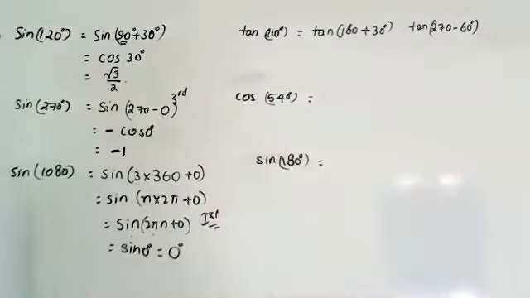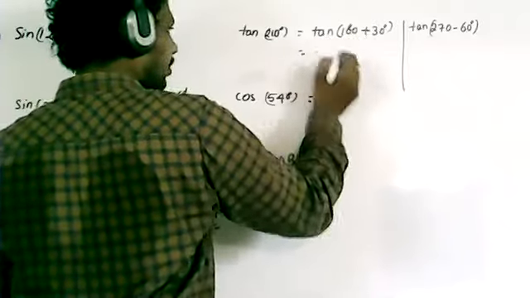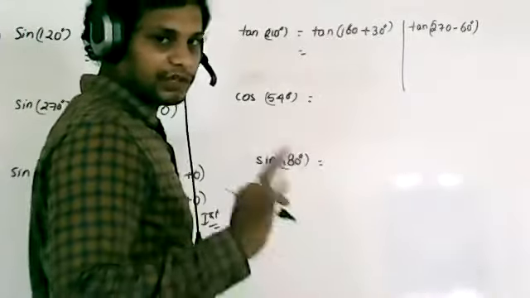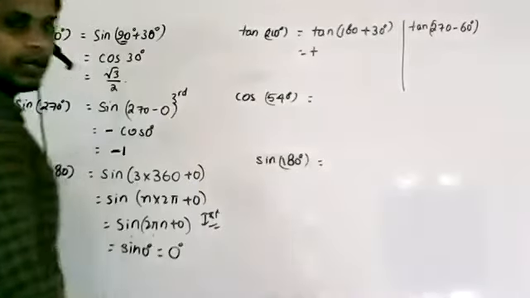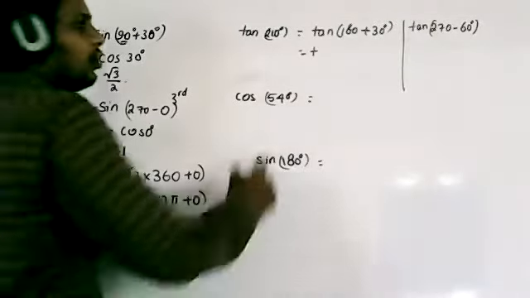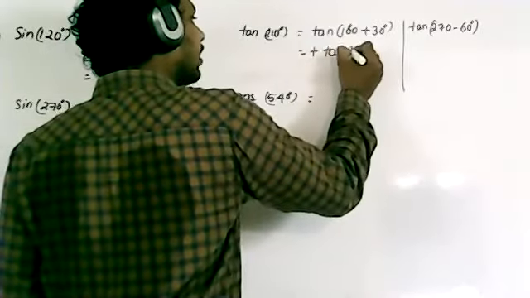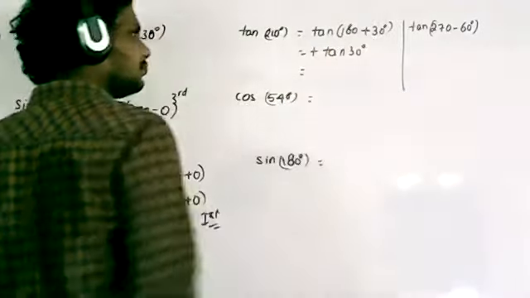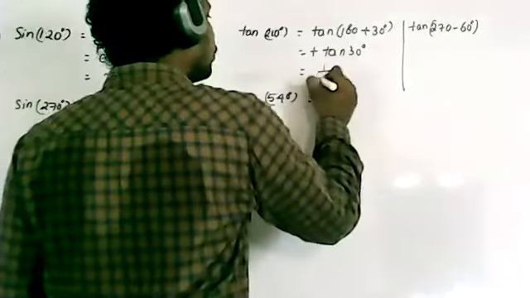You can write both, no problem. Now listen, tan 180 plus means same function. 180 plus means third quadrant, so all silver teacups, therefore tan is positive. Now tan 180, the parent function is 180, therefore you will get the tan function only, so that is tan 30. What is the tan 30 value? Tan 30 value is 1 by root 3.